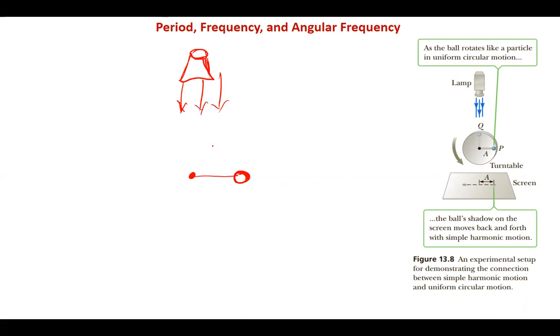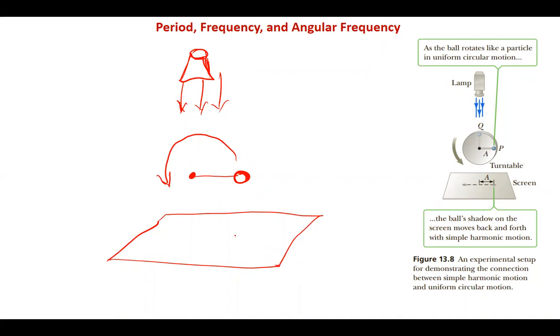Now this ball is rotating anti-clockwise like that. Apart from that, we have a table down there. This table is just there to give us the shadow.